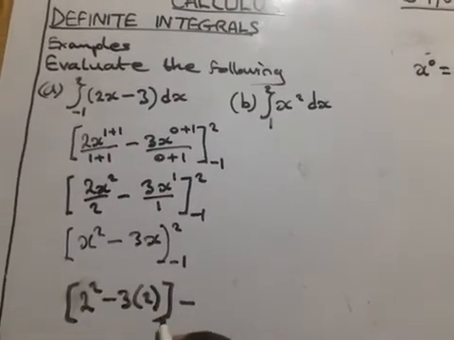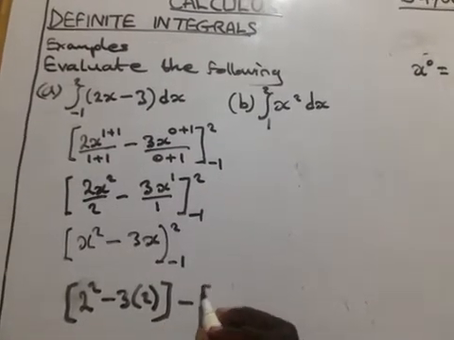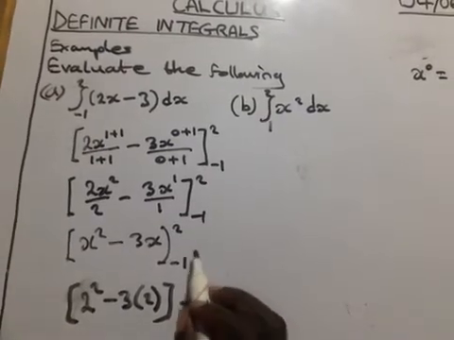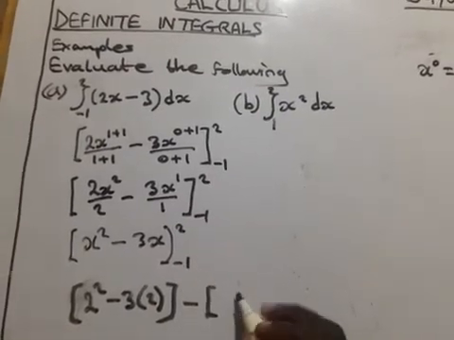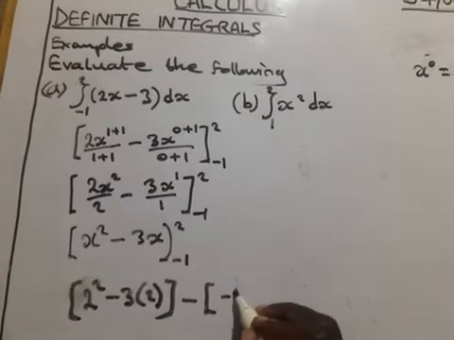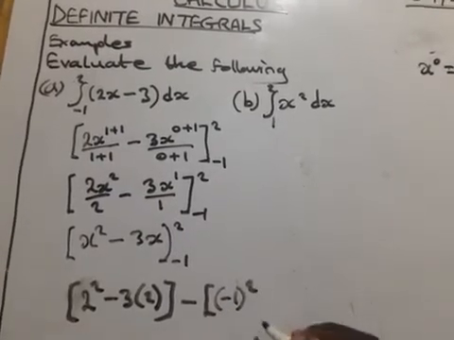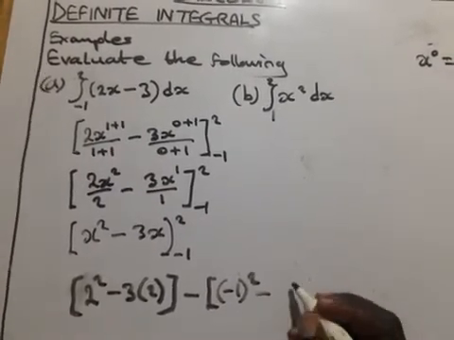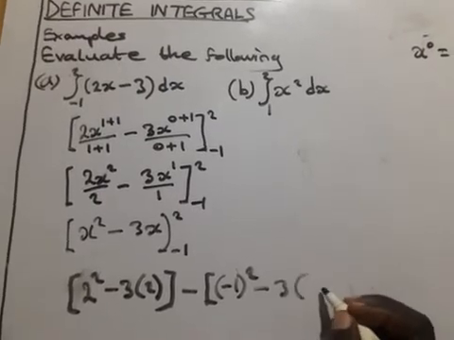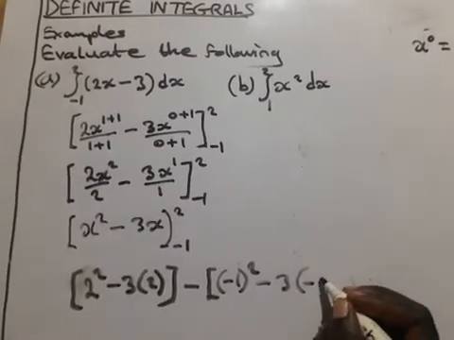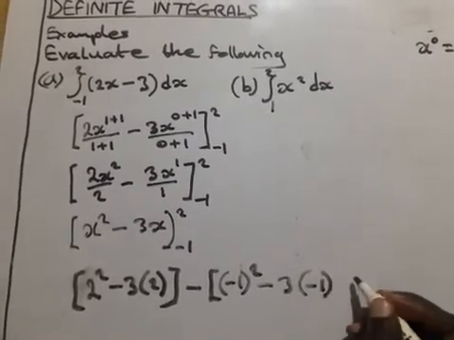Then subtract everything that comes from the lower limit. So for the lower limit, we have -1 to the power 2 minus 3 times -1.